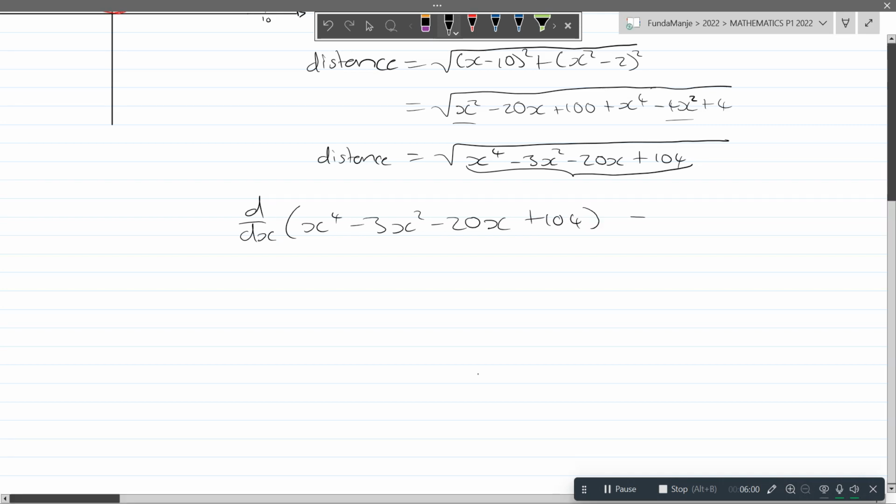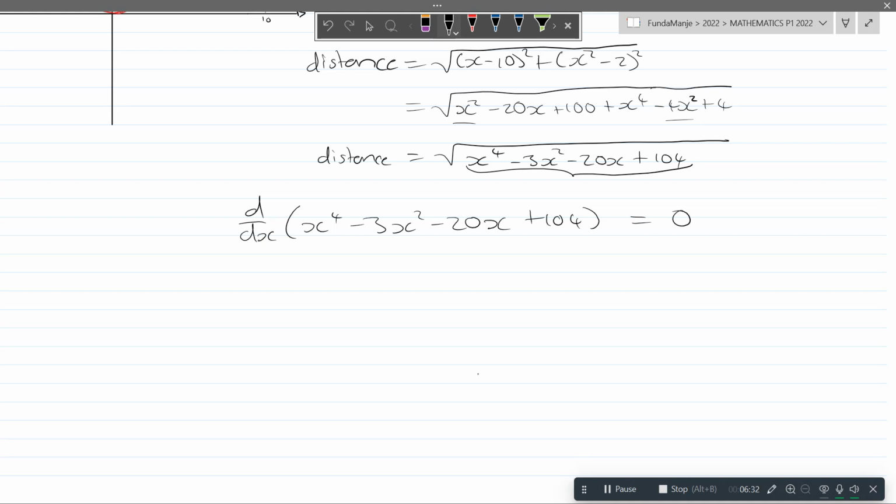And we want to equate this to 0, because we know that when the distance is minimum, our first derivative is 0, because what this will describe is the stationary point, and we usually know that's the point that describes either the minimum or the maximum, in this case the minimum, since maximum would probably be infinity.